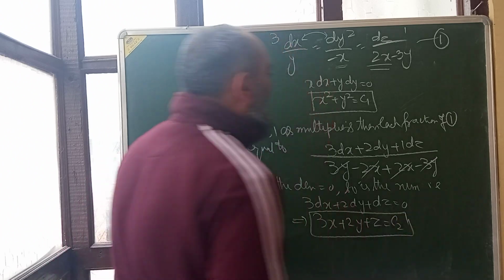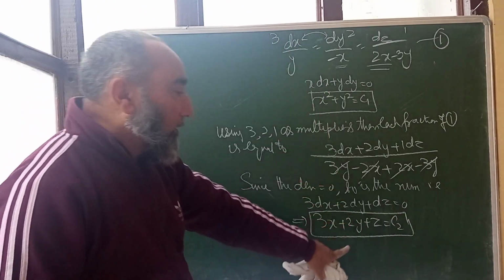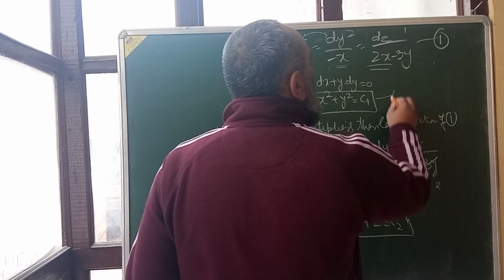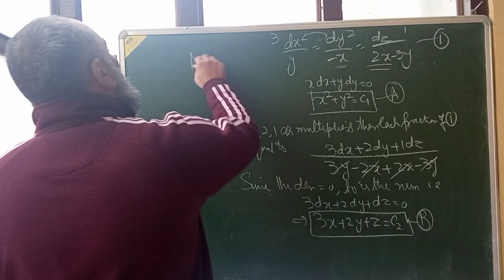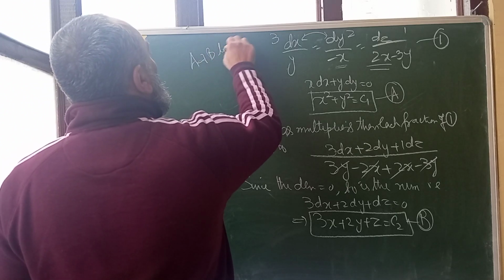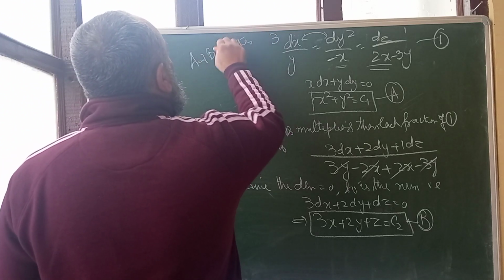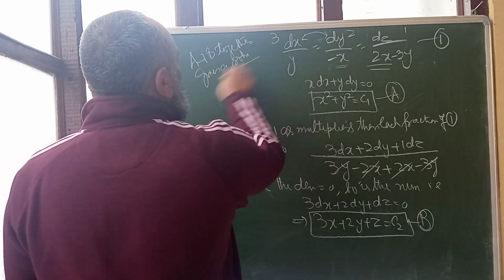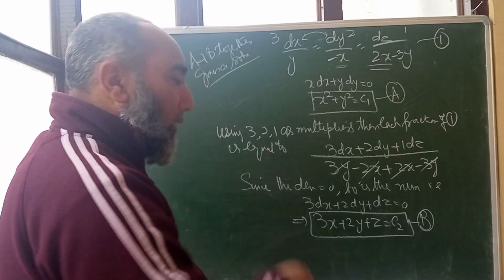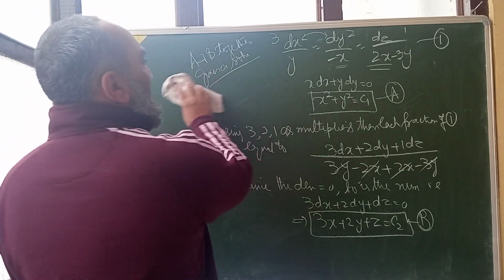This is another solution. I have already got the solution C1. This is C2. Say if this is A and this is B, then A and B together give a solution. Okay, fine. Let me take one more example.